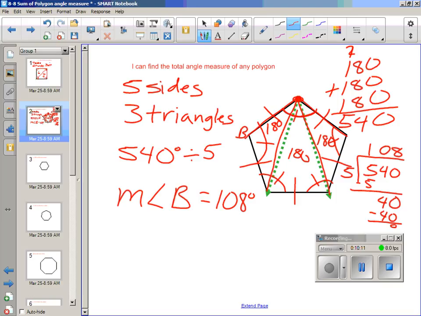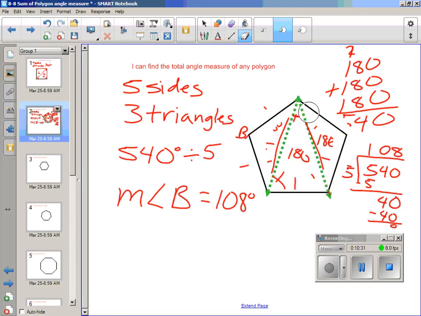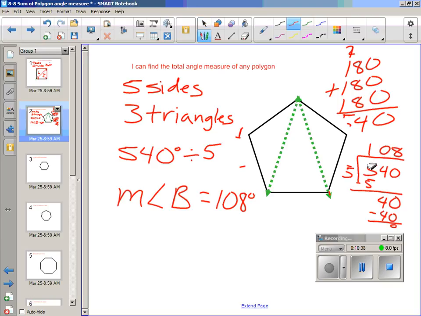Does that make sense to everybody? Okay. Now that's taking it the next step. It's getting a little bit harder. If we can find the sum of all the angles, and if we know that every one of those angles are the same, we divide by the number of angles that we have. So if we go back to our very original picture here, you can see that we have 1, 2, 3, 4, 5 sides.